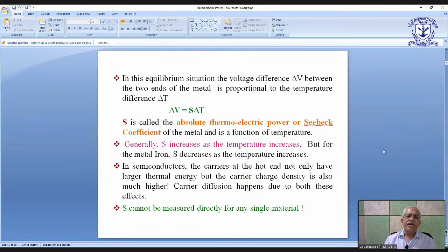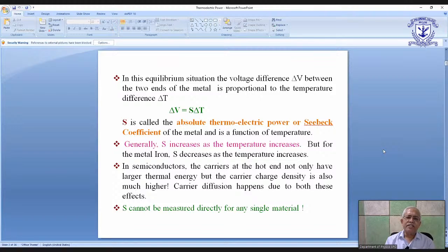So if we measure the potential difference between the two ends, the hot end and the cold end, we can show that this potential difference is linearly proportional to the temperature difference. Okay. So one may write this equation: delta V is some constant S times delta T. Later, I will show that it's a convention to put a negative sign on the right-hand side. Okay, we will see the reason for that.